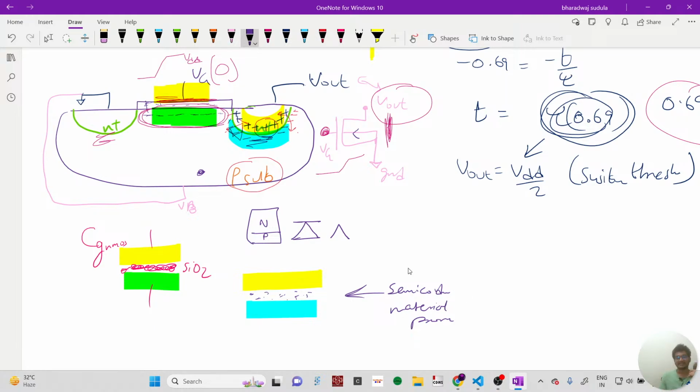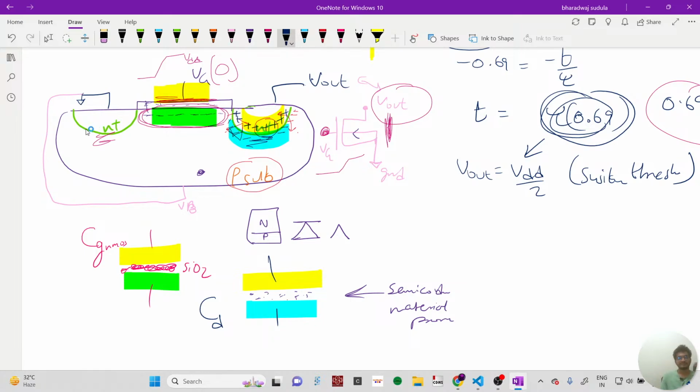So actually we can consider the semiconductor material itself as an insulator, and there is a capacitance formed here. So this is called diffusion cap, because it is formed because of the diffusion. But we can even call this the drain cap.